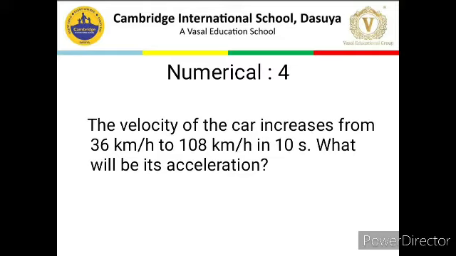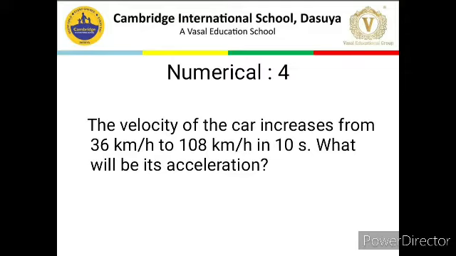Numerical number 4. The velocity of the car increases. Obviously it's going to be positive acceleration. The velocity of the car increases from 36 km per hour to 108 km per hour in 10 seconds. What will be its acceleration?